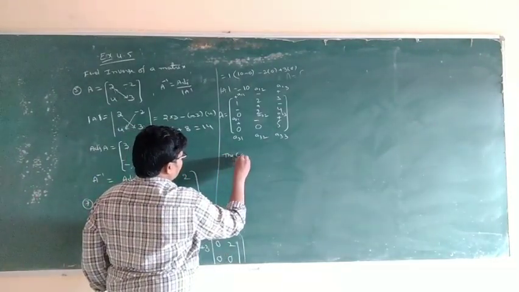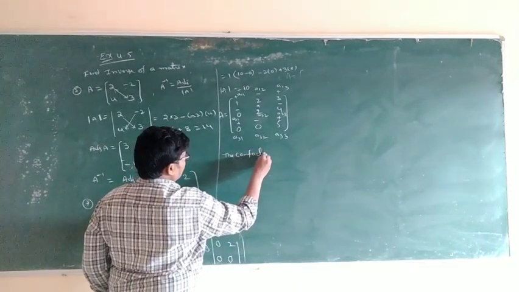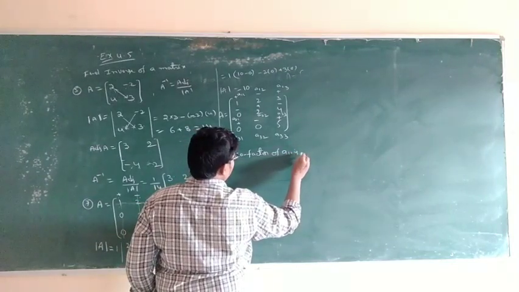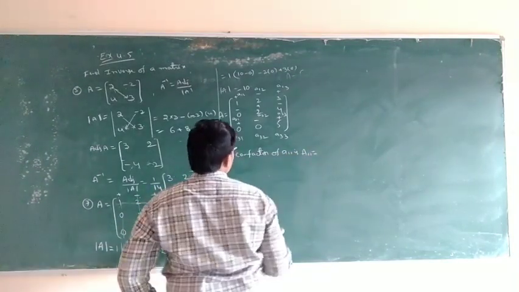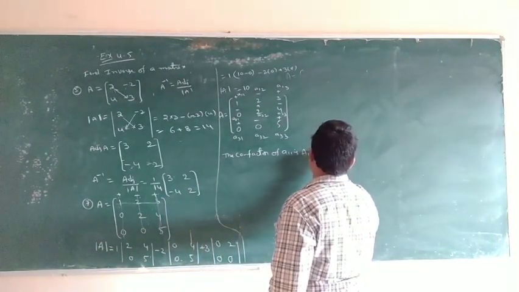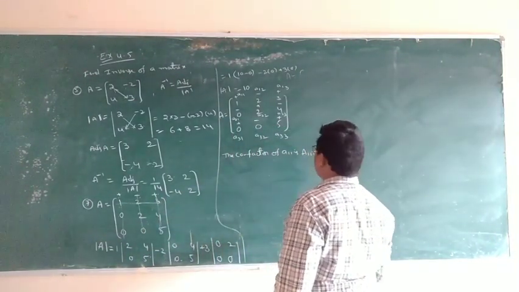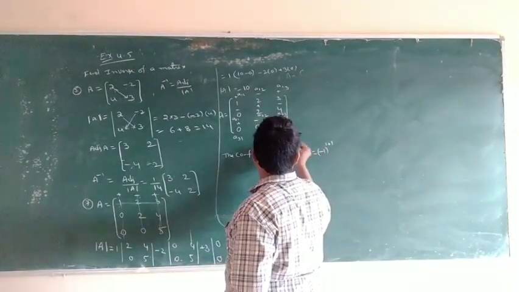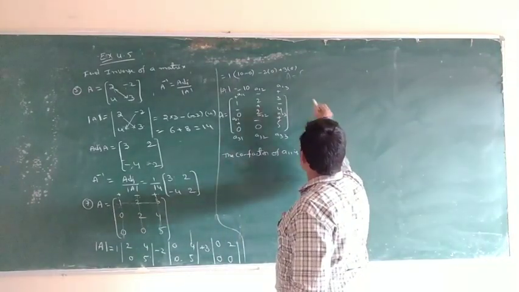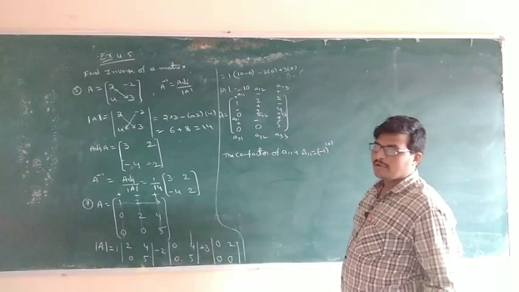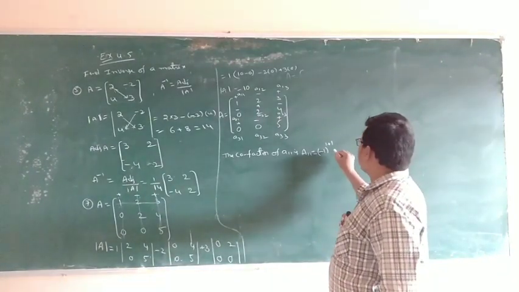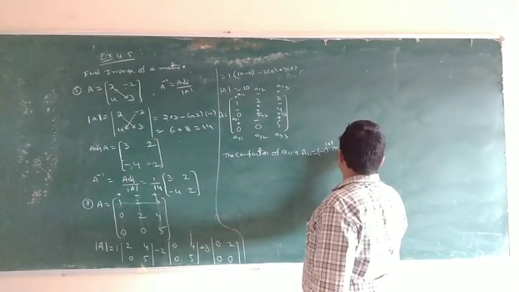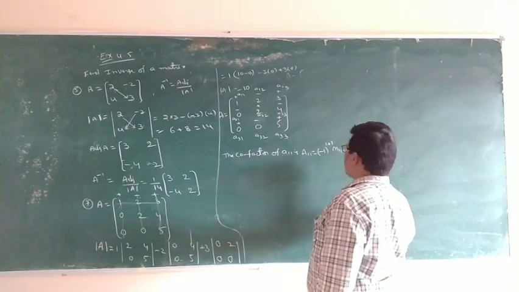The cofactor of A11, capital A11, is equal to minus 1 whole power i plus j, that is 1 plus 1. The actual cofactor formula: Aij is equal to minus 1 whole power i plus j into Mij. So minus 1 whole square into M11.